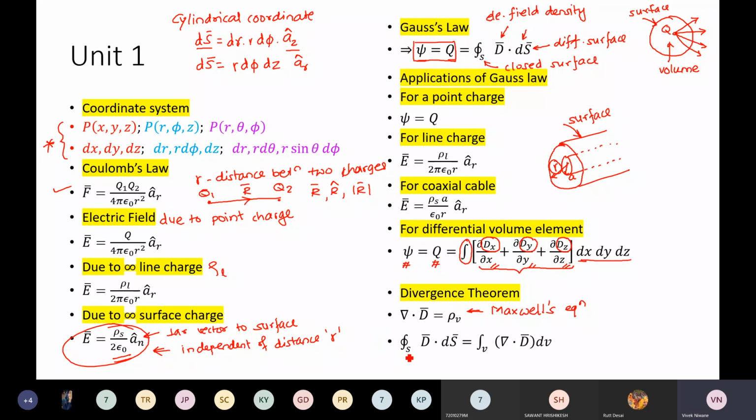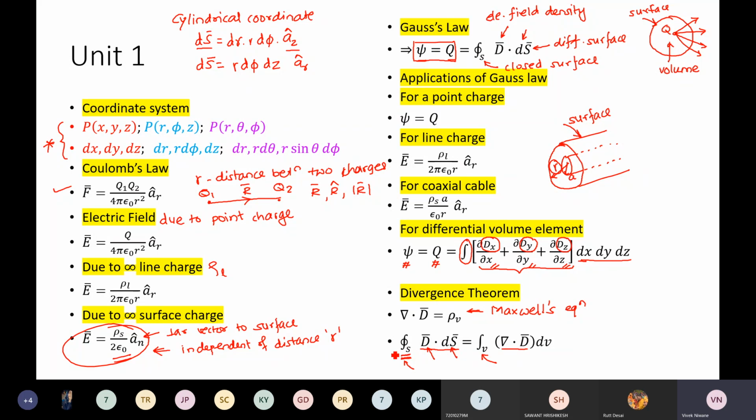Okay, and the final expression of the divergence theorem states that, concentrate, pay attention, the closed surface integration of D bar dot dS bar, or the closed surface integration of electric flux density observed over differential surface, is equal to divergence of D bar observed over the volume enclosed by the closed surface.